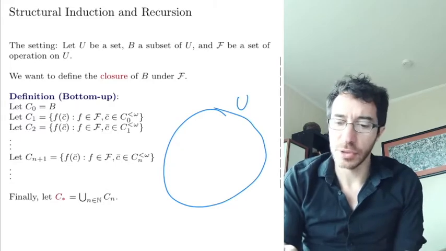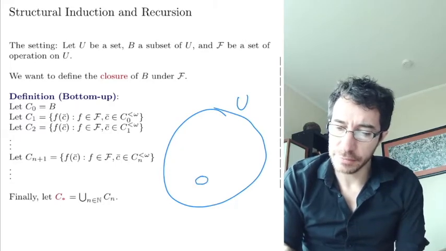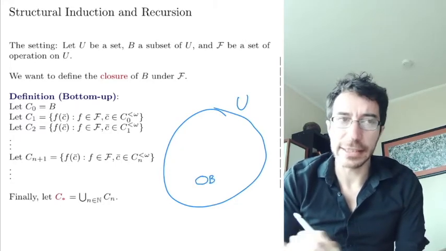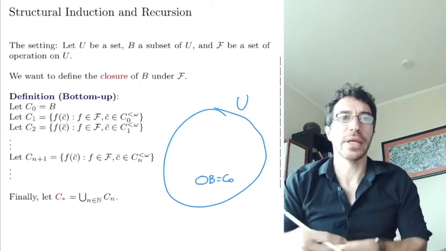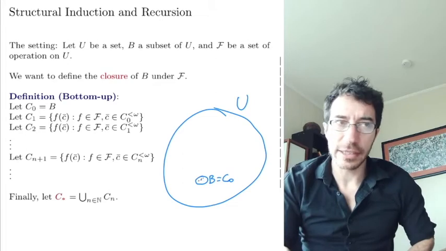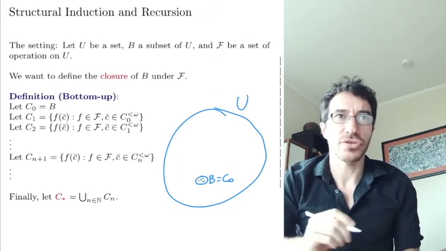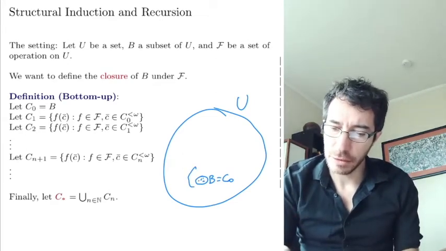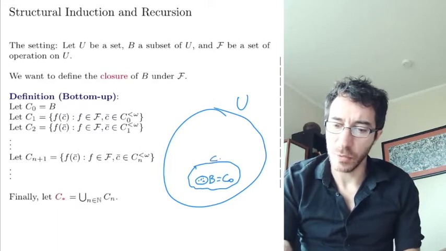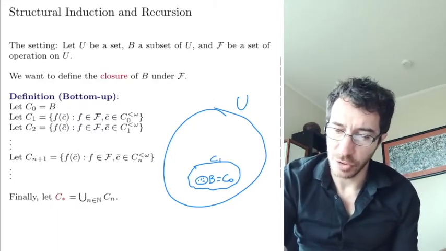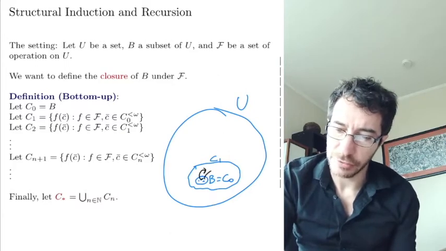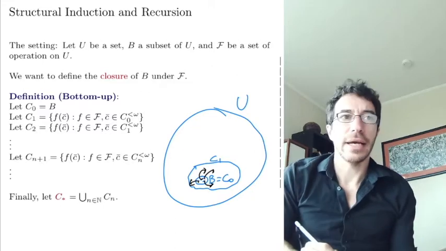Okay, so the picture will be something like this. You start with U, here is your B, the starting elements, and that's going to be our C0. Now we take all the elements inside here and we apply the functions in our family, and we get a set C1. Essentially the functions go from here, and now we get a new set.